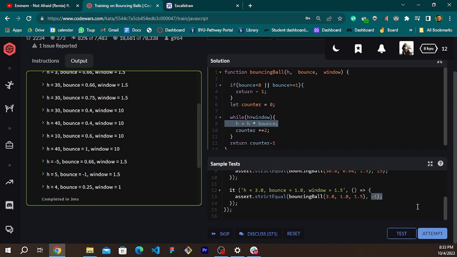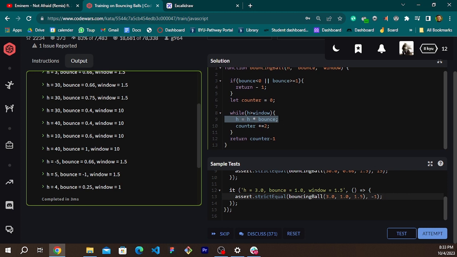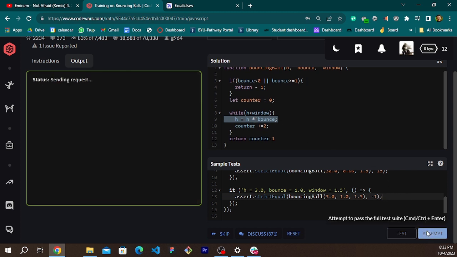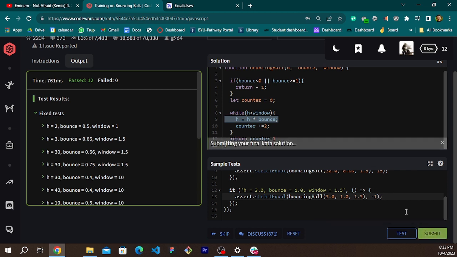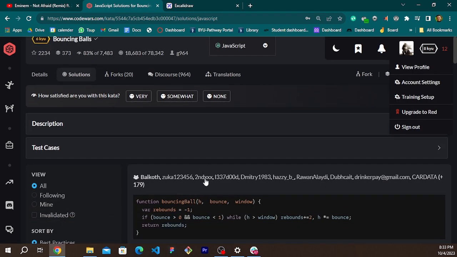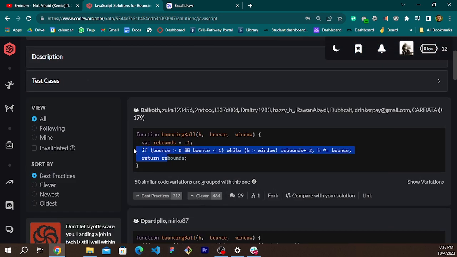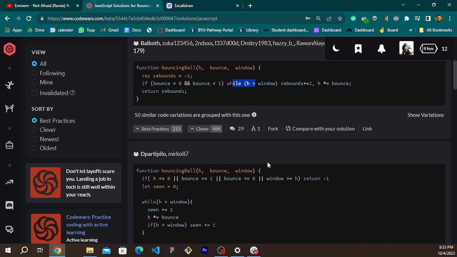We can improve it, but you guys can try it out in your own approach, and I know you can do better than this maybe. So let's just submit and see what others did. Remember, if you submit, you can even learn from others. You see my marks now increase somehow bigger. So you see how others did it. They have the condition, they have a while loop, so we are close to how they did it as well.